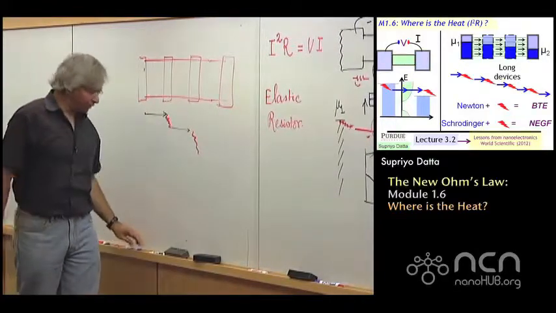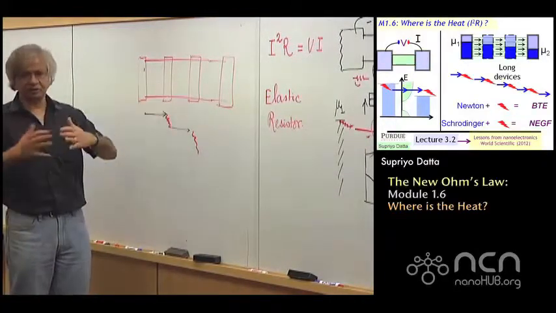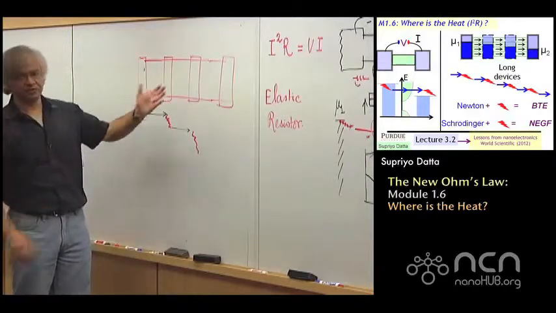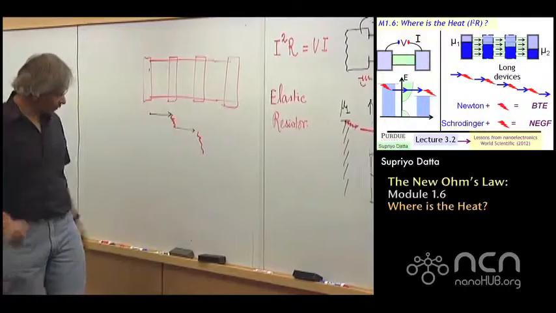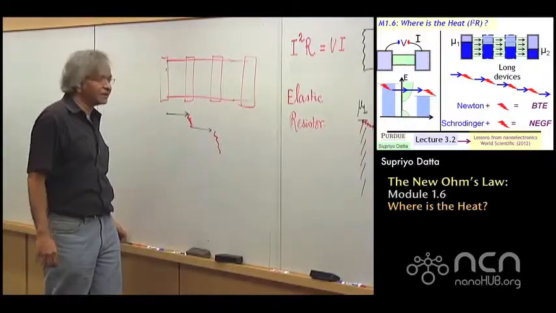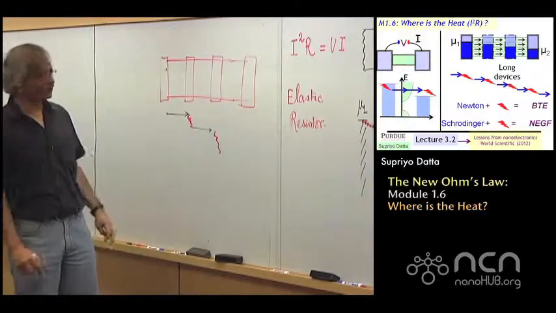Now, but this is tricky. You could say, well, this is something one could use at least for low bias. And essentially that's what we did. But it's a little tricky because of this extra interface resistance that I mentioned.